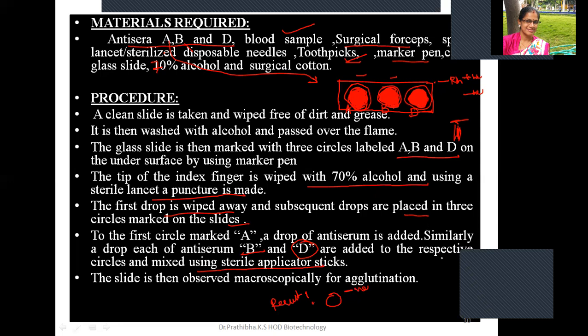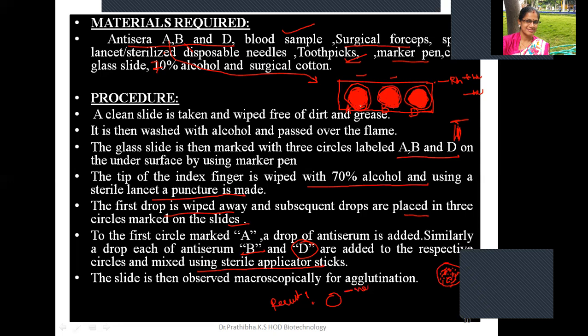First, let us understand what agglutination is. Agglutination means that when blood and antiserum are mixed, you are going to get clots like this. If you get this kind of clots, that is positive. When you don't get this kind of clots in the blood, then you can say it is negative, that is, that particular reaction is not going to occur.